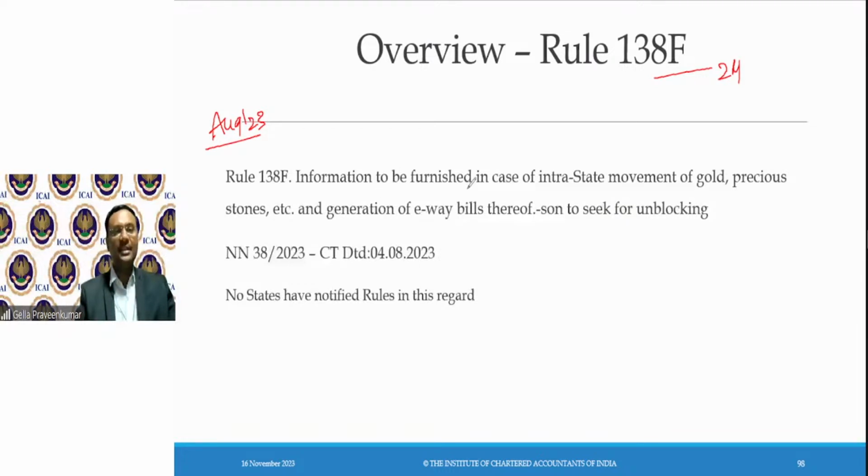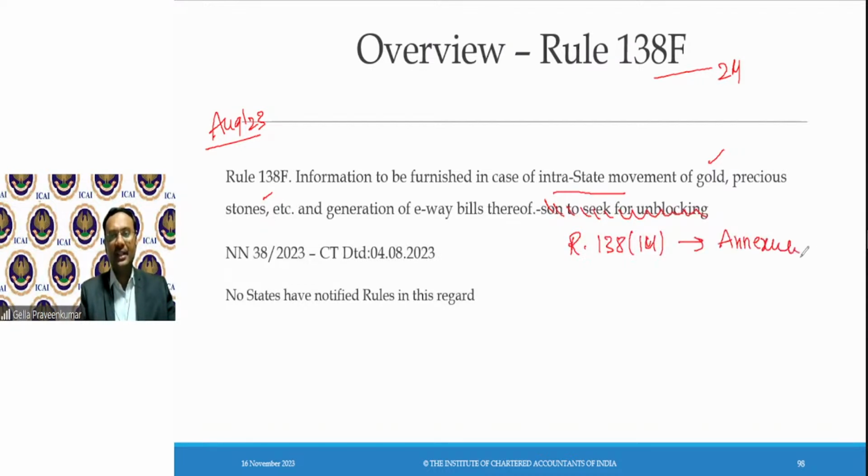138F says information to be furnished in case of intra-state movement of gold, precious stone, that is your diamond, etc., and generation of e-way bill thereof. Generally, under Rule 138, Sub-Rule 14, there is an annexure.